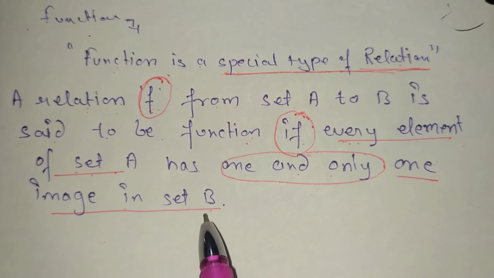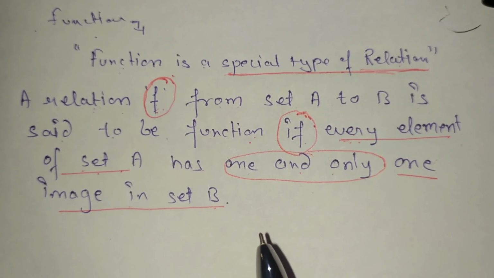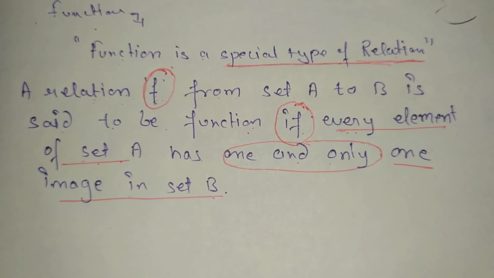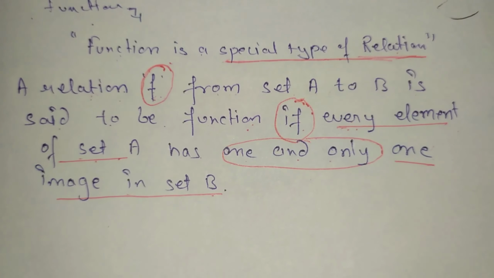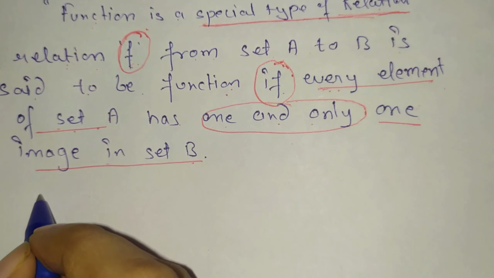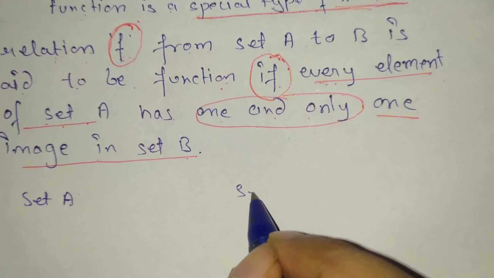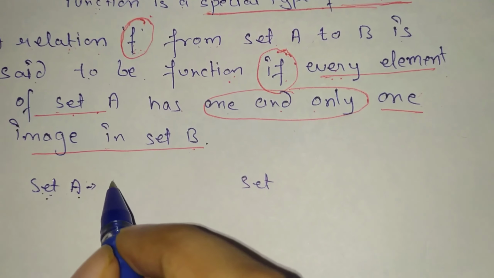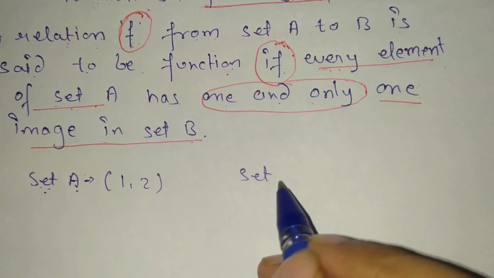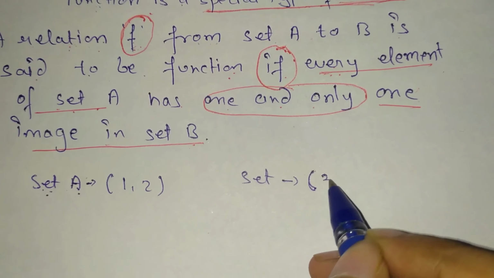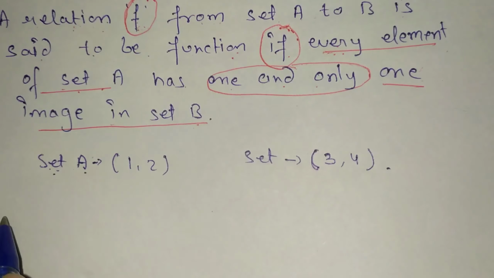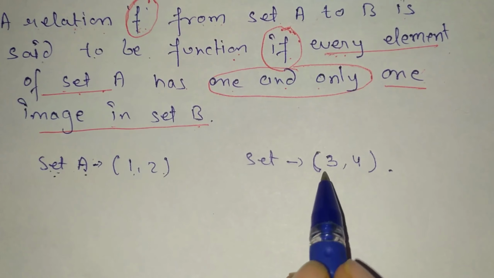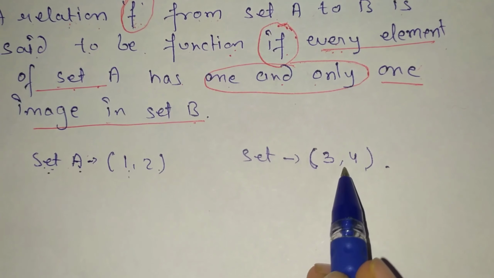Let's understand it with the help of an example. I am taking the previous example which we took in the explanation of relation, where we have two sets, set A and set B. Set A has two elements, 1 and 2, and set B has two elements, 3 and 4. In the previous video we made a total of 4 relations of these two sets.